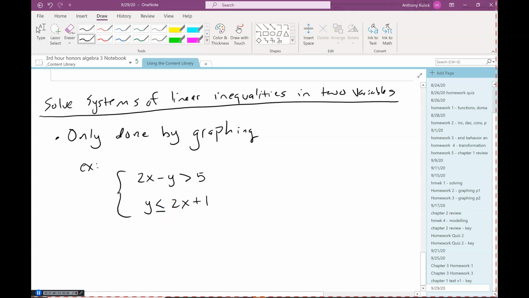Okay. So the first thing I would do here is I would rewrite both the equations so they're in slope-intercept form. Now, I didn't bother to do that when we graphed before, right, Ella? But I am going to do that now. The reason that I'm going to do that now is because I need to know what the inequality is going to look like when it's in slope-intercept form, because they could switch directions on me, and that matters a lot.